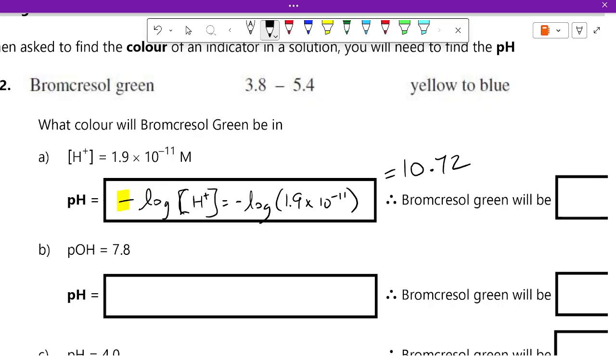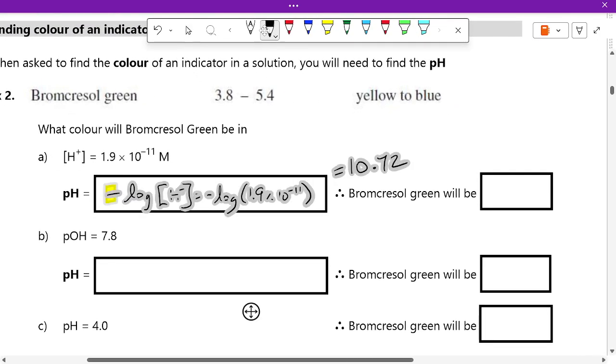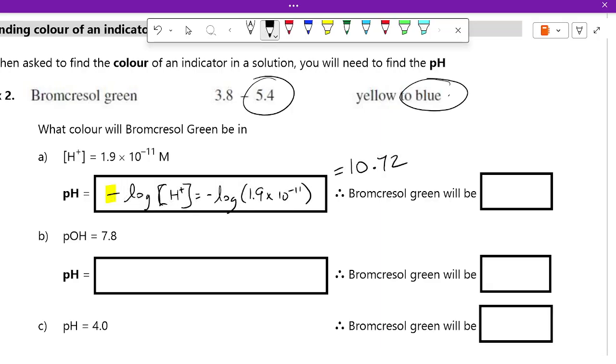And at 10.72, what color will Brom Cresol green be? It will be blue, because it turns blue above pH 5.4. Can you guys do the rest of them? Yeah. Excellent.